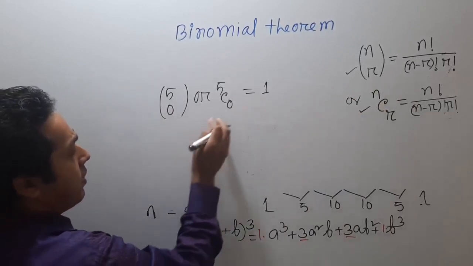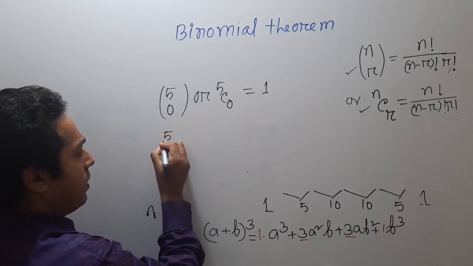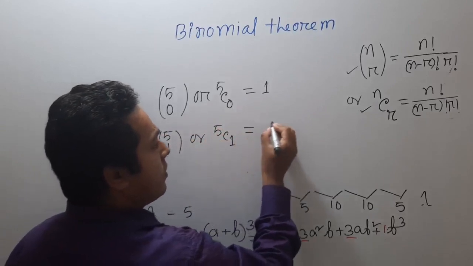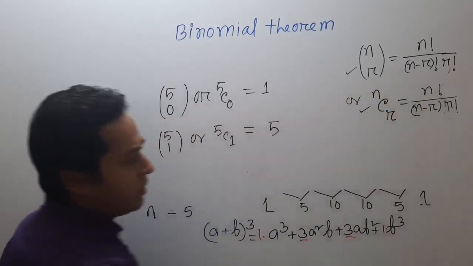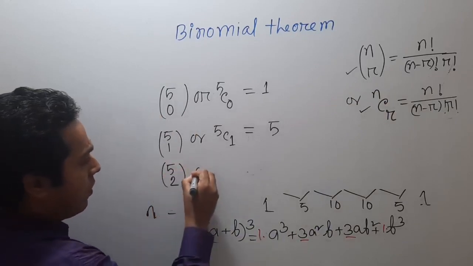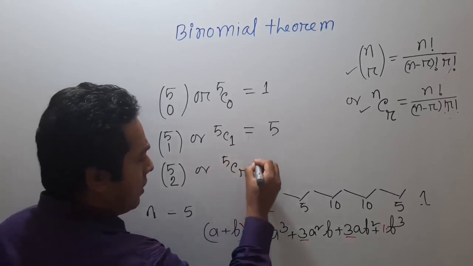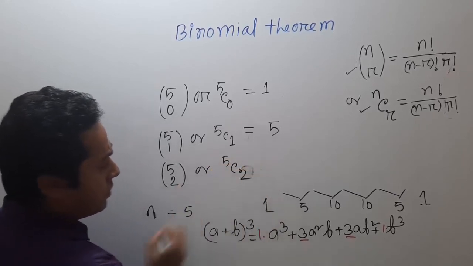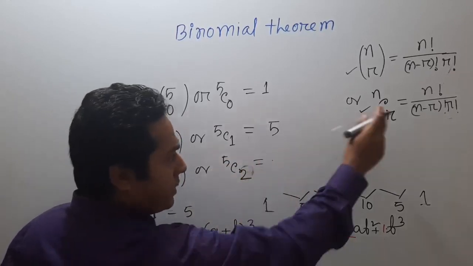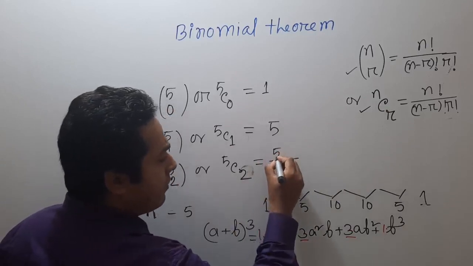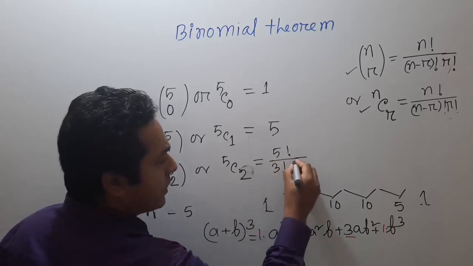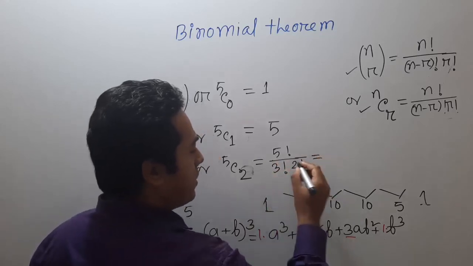For 5C1 it is 5. And 5C2 is equal to, by this method, factorial 5 over factorial 3 and factorial 2.